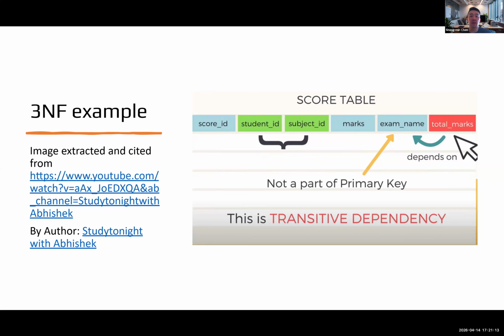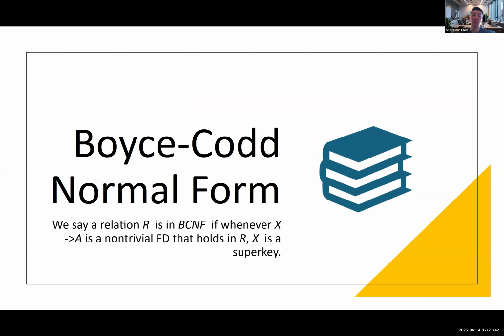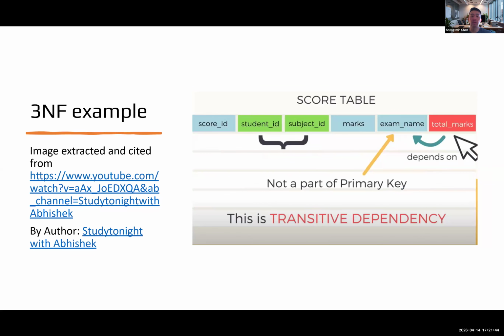It may also depend on score ID, or subject ID as well as exam name. But exam name by itself is a non-key attribute, and it can be a determinant for total marks. This is what we call a transitive dependency, because exam name is not part of the primary key. It's not part of the composite key either. That's third normal form.